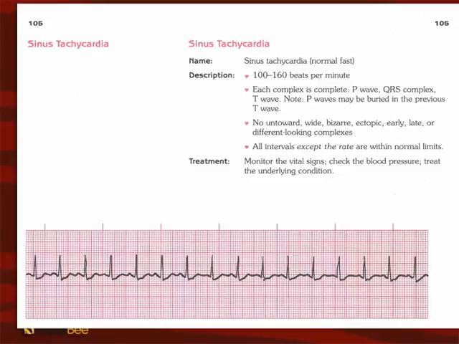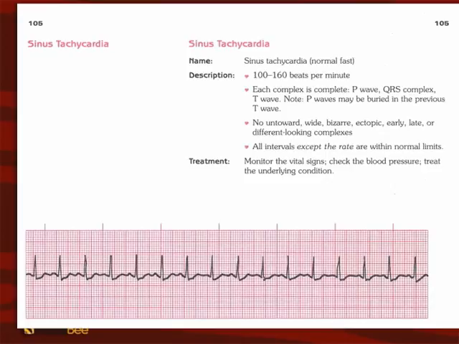So to contrast our previous strip with this strip, you'll note that once again, go through the same process. Make sure you're only counting the number of complexes within a 6-second period of time. We note that the rate is much faster than it was on the previous example. We will count the number of QRS complexes.